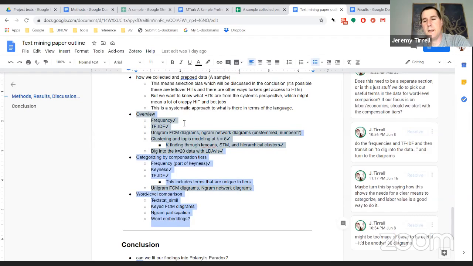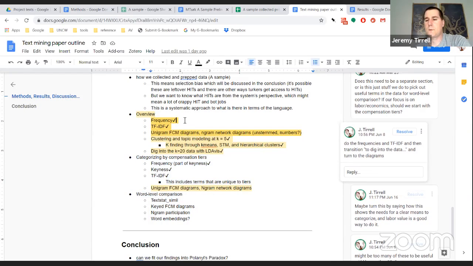When we're dealing with the overview, we're running things like frequencies, just raw frequencies, TF-IDF, some other things, which we'll talk about today. But those are themselves methods, the processes we went through. And it doesn't make a whole lot of sense to talk about those methods as a unit.